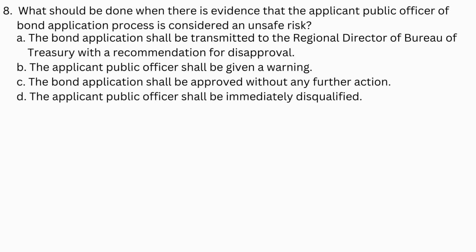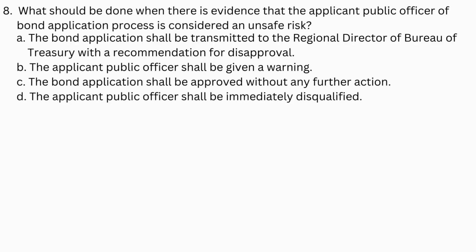Number 8. What should be done when there is evidence that the applicant public officer of the bond application process is considered an unsafe risk? A. The bond application shall be transmitted to the Regional Director of Bureau of Treasury with a recommendation for disapproval. B. The applicant public officer shall be given a warning. C. The bond application shall be approved without any further action.